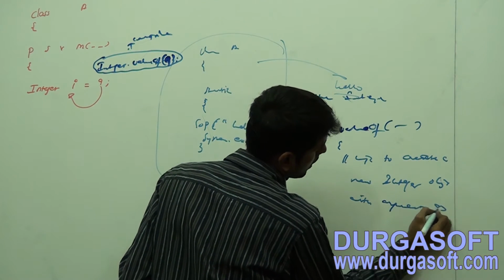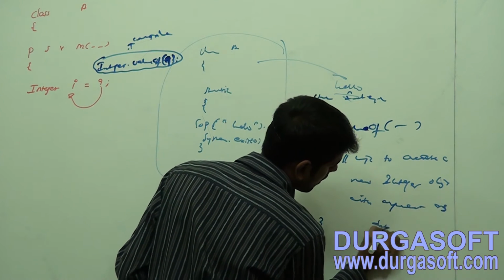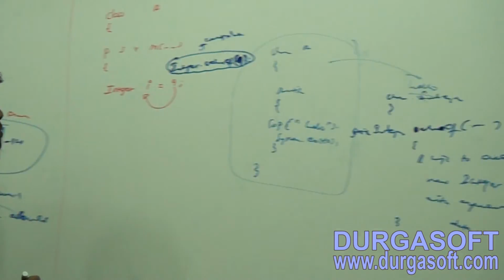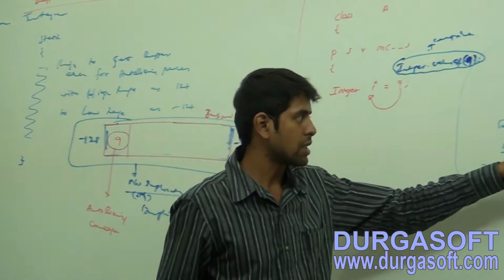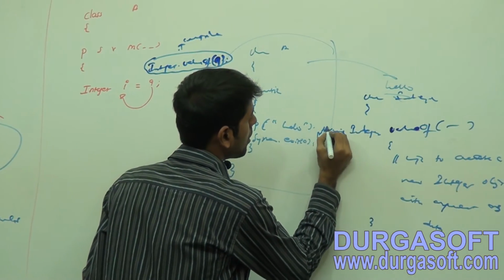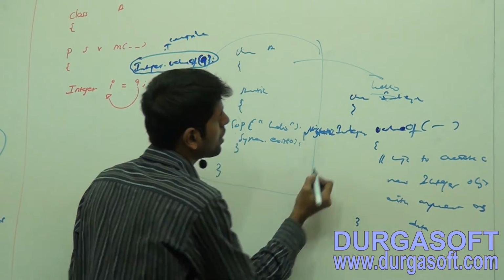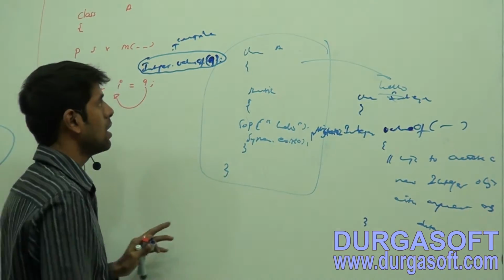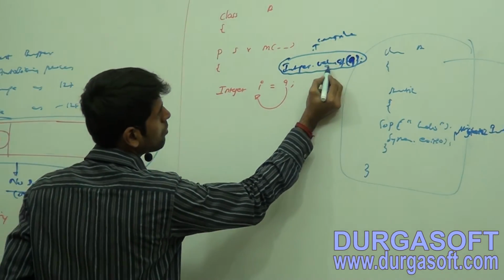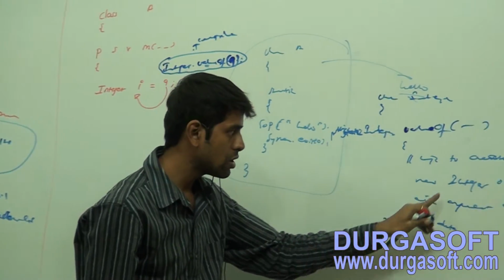This is a static and public method available within the Integer class. Now what happens when the valueOf method executes? What is the logic?